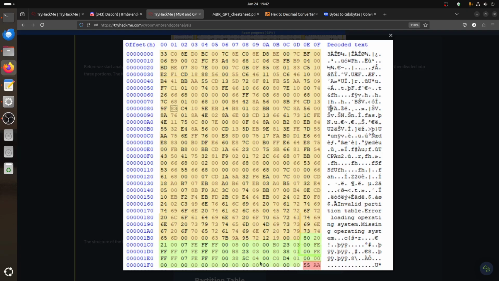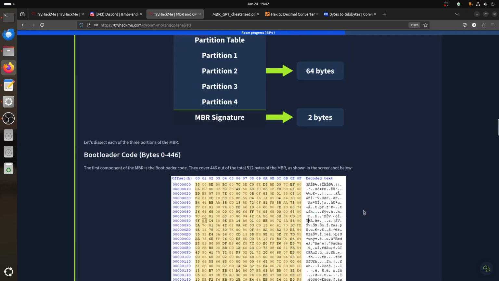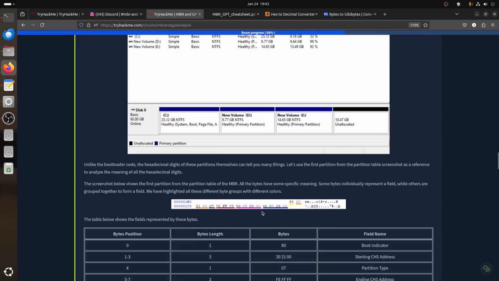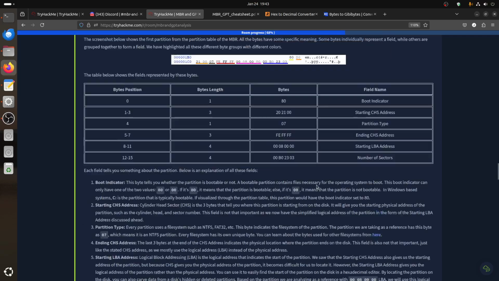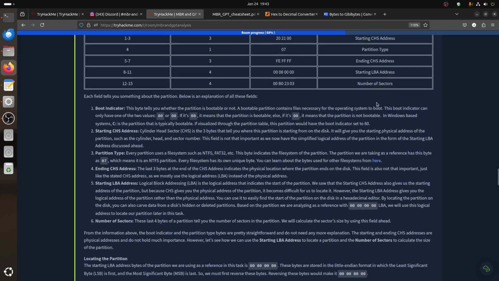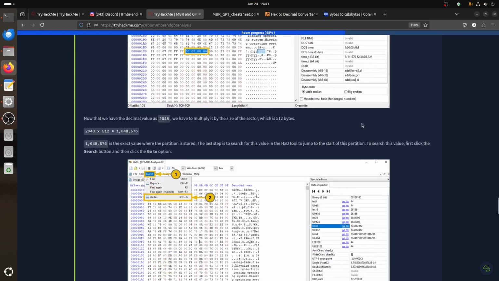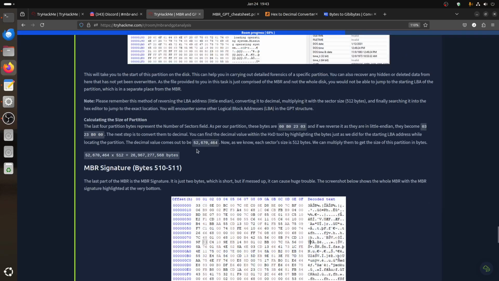From the image you just take this one, 00B02303. The last four partition bytes represent the number of sectors in our partition. This is 00B02303, and if we reverse it in little endian, it becomes 0323.